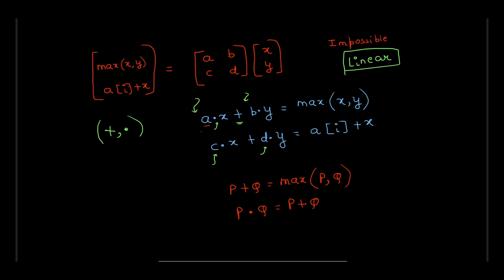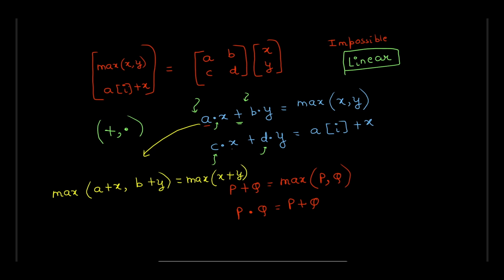So this is a dot x. Let's focus here. This means plus means max. So this would convert to max of a dot x, which means a plus x, comma b plus y, is equal to max of x comma y.